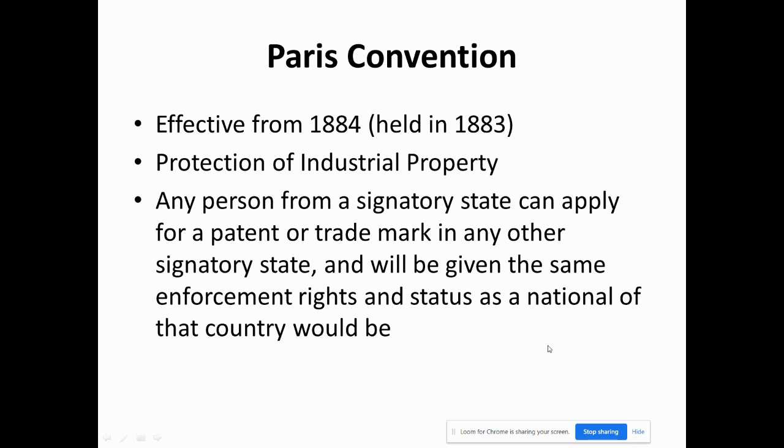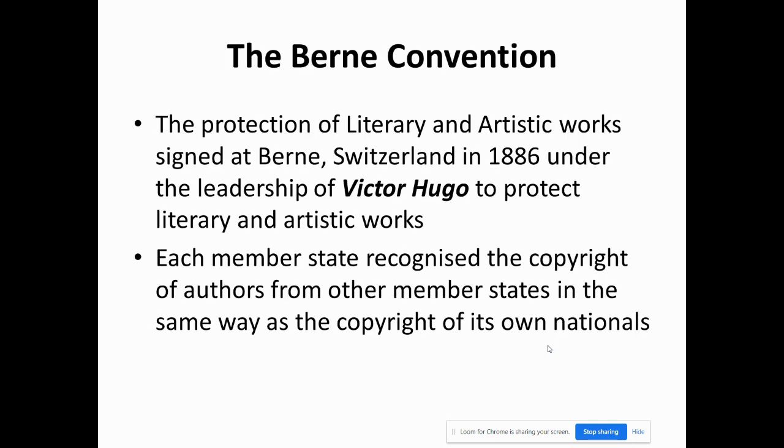Then another important convention was the Berne Convention. This was for protection of literary and artistic work, signed at Bern, Switzerland in 1886, under the leadership of Victor Hugo.